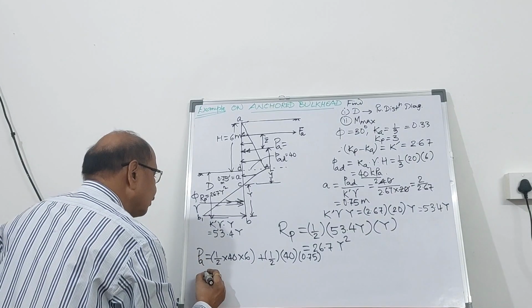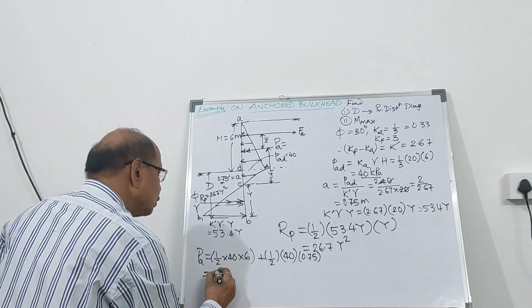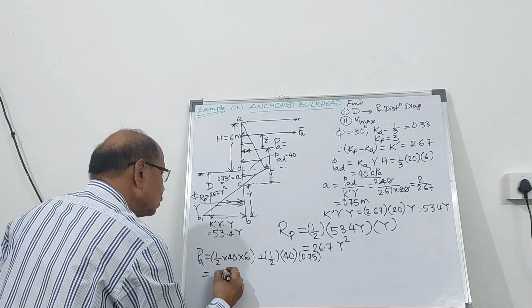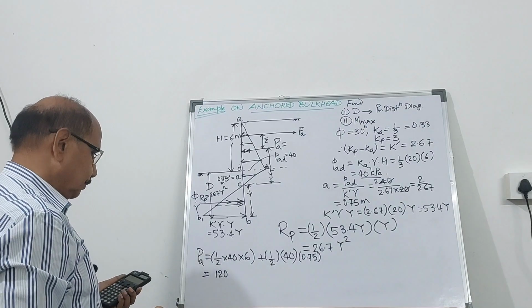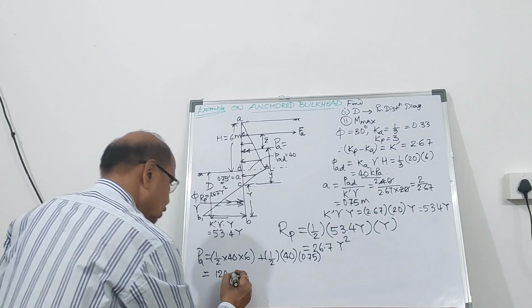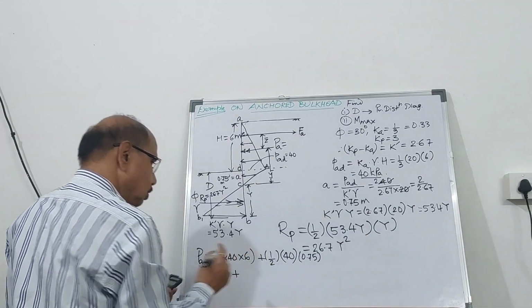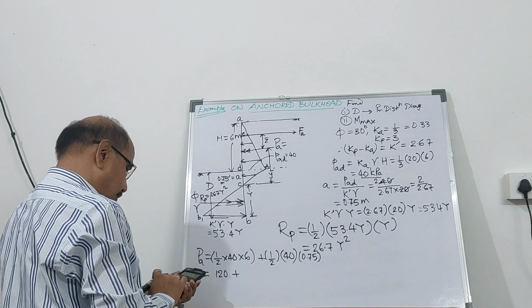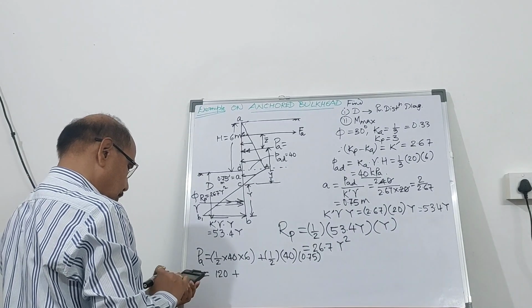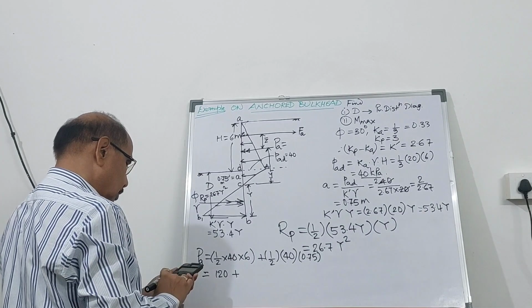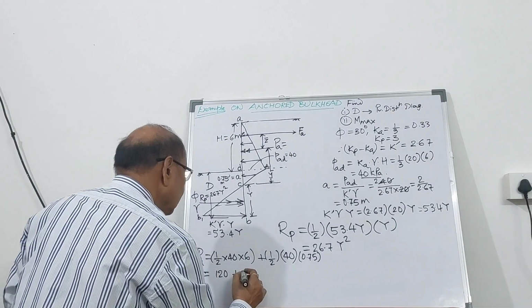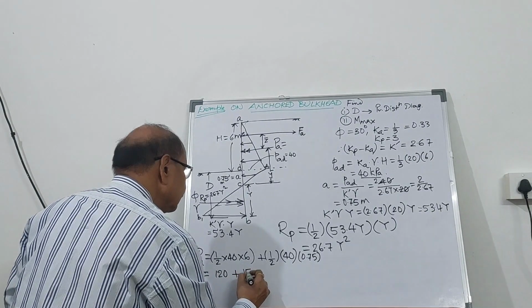So if I calculate it, this becomes 120 plus 20 into 0.75 equal to 15.